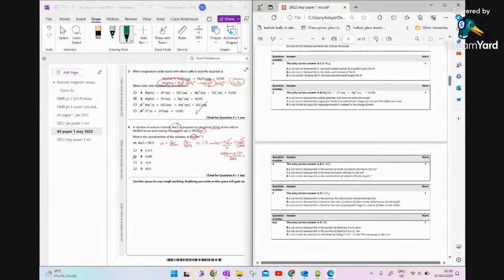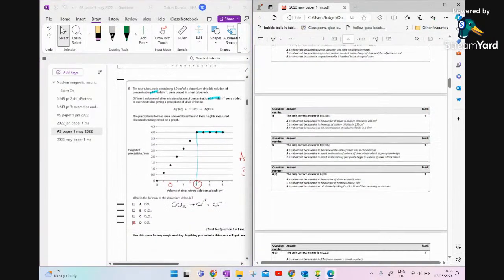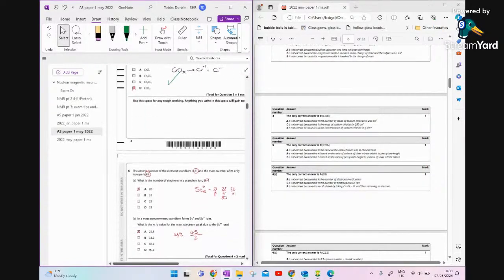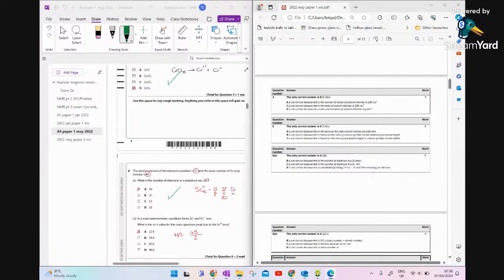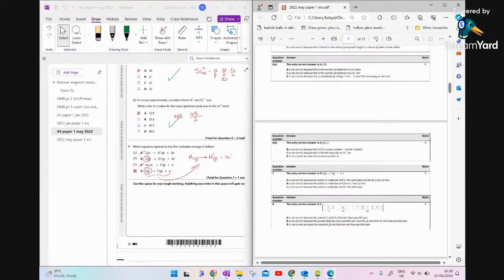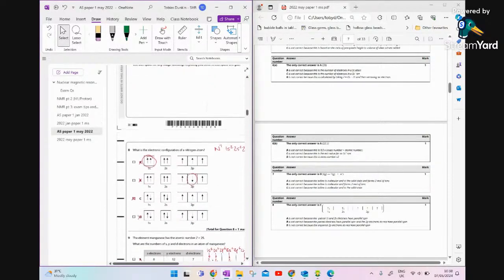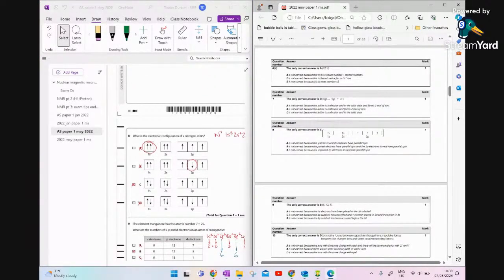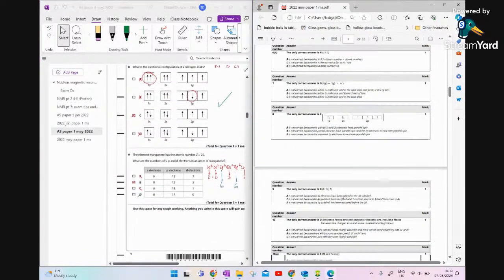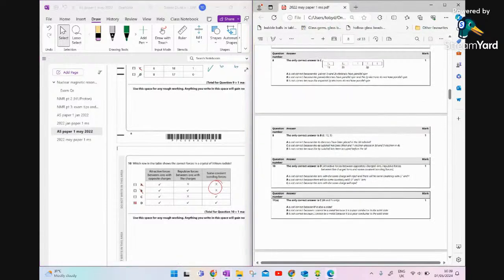Question number 4 was B. Question number 5, there you go, chromium 3 chloride, nice one. Number 6 was A. 6B was also A, nice. Number 7, ionization energy was D. Number 8, well, that was a relatively straightforward one, C. Question 9, B, good. Question number 10 is D.